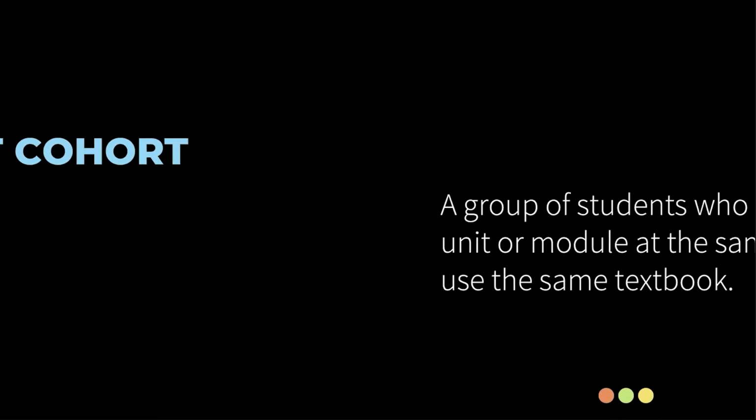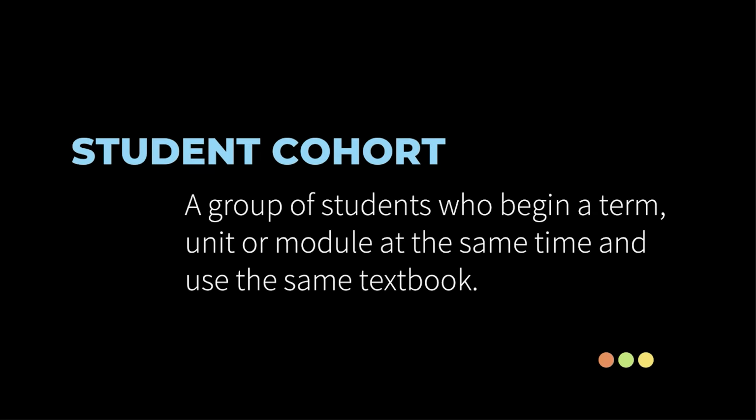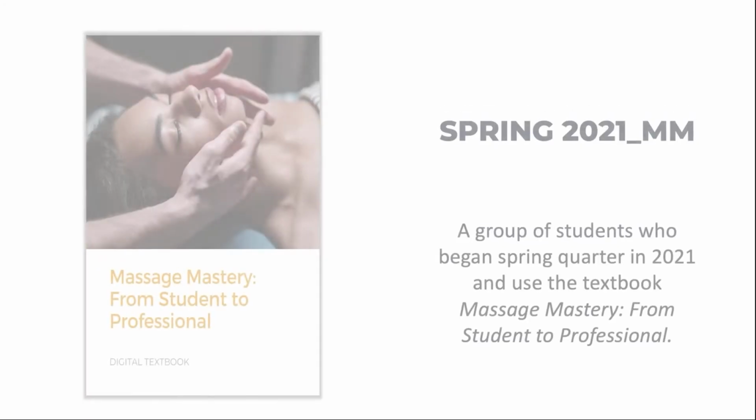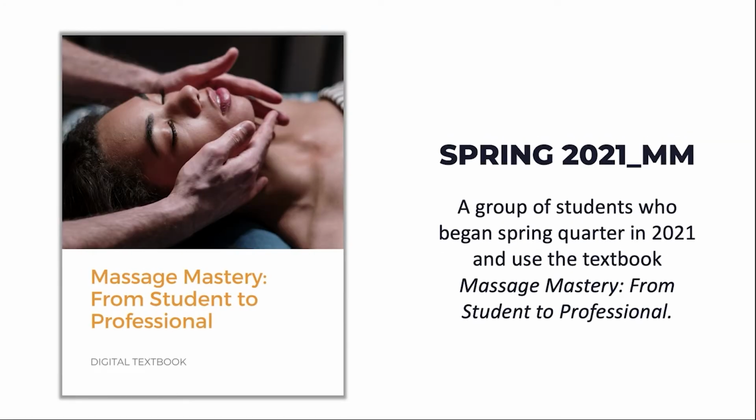A student cohort is a group of students who begin a term, a unit, a module, or a course at the same time and use the same textbook. So if you have a group of students who begin in the spring quarter 2021 and they use the textbook Massage Mastery from Student to Professional, you might call this student cohort Spring 2021_MM.